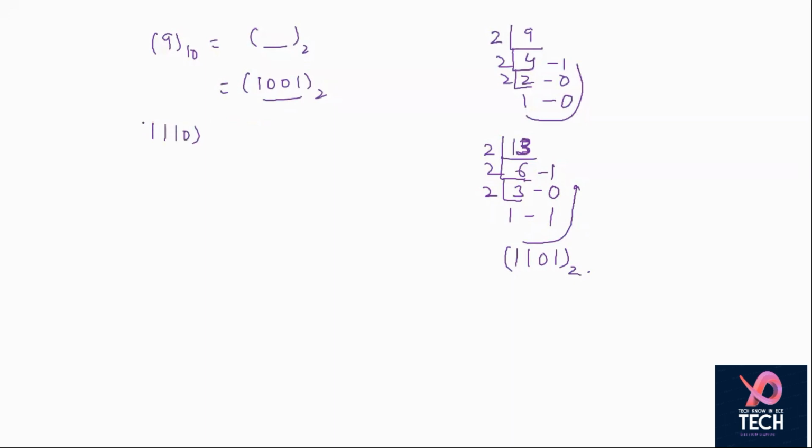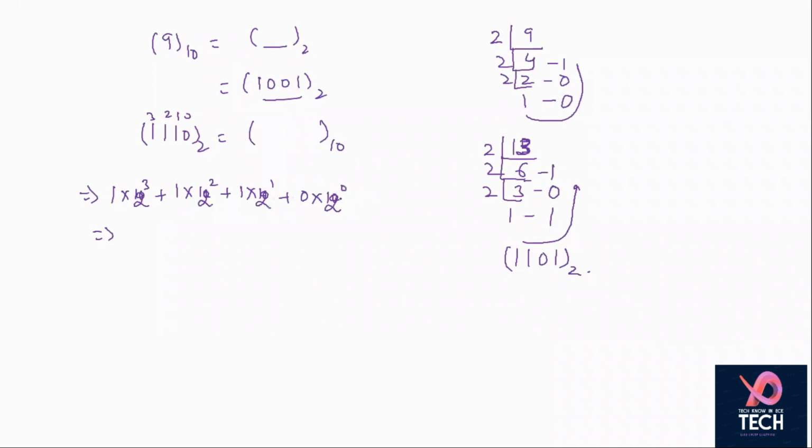Now, if I give you a binary number like this and ask you to get the decimal equivalent, this is the conventional approach. The positions are 0, 1, 2, 3. So 1 into 2 raised to power 3, plus 1 into 2 raised to power 2, plus 1 into 2 raised to power 1, plus 0 into 2 raised to power 0, because the base is 2.